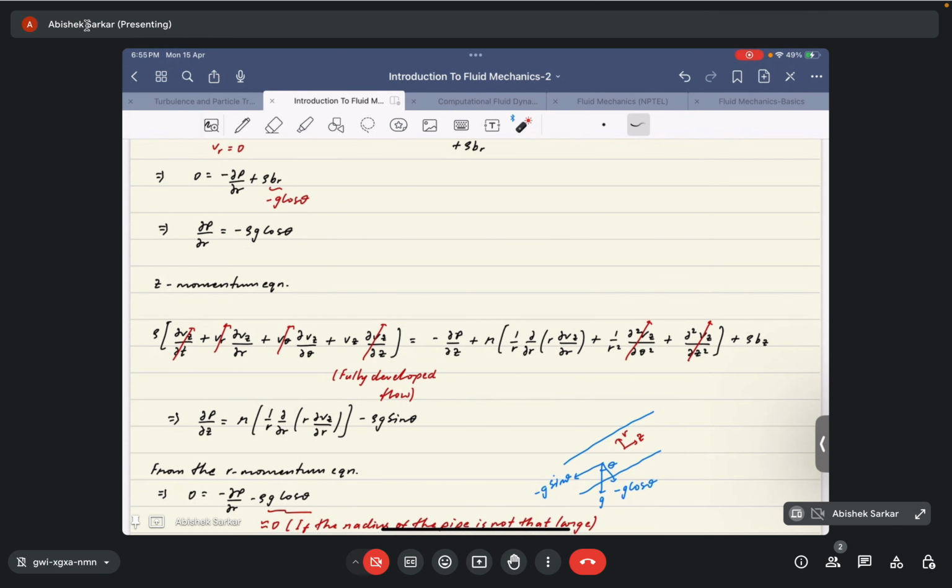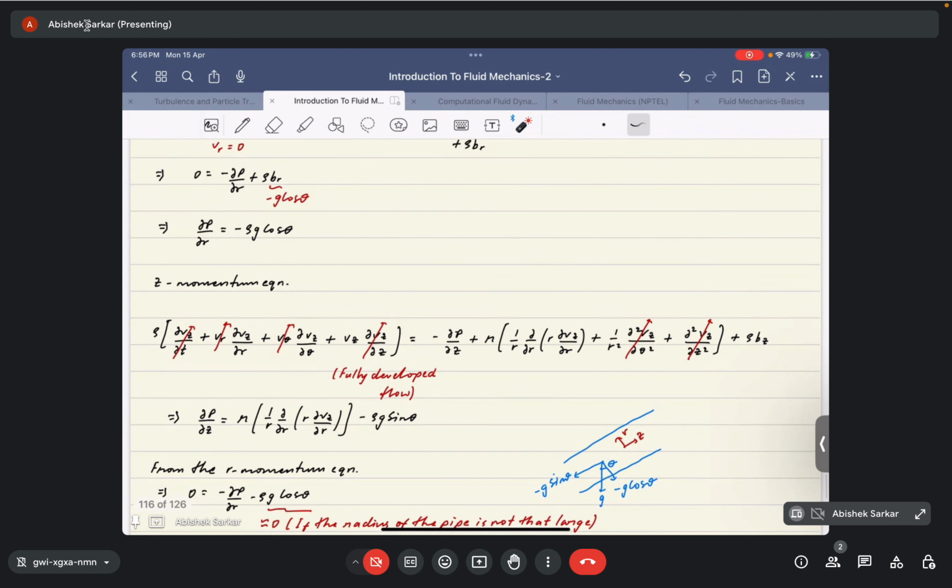Then v theta is 0, and dou vz by dou theta is also 0 because the flow is axisymmetric, so this term gets cancelled out. Finally we have vz dou vz by dou z. Here vz is non-zero, but dou vz by dou z is 0 because the flow is fully developed.